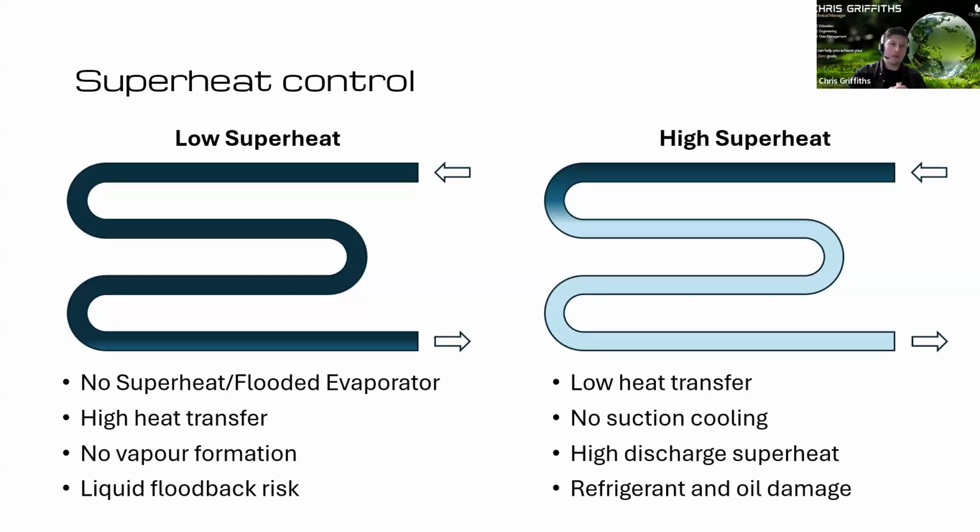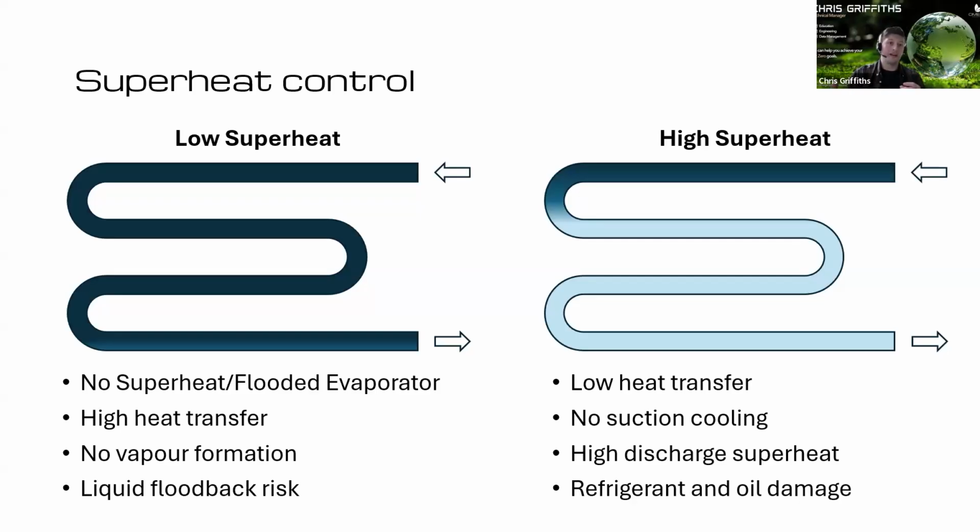So typically, rule of thumb, we probably want between 4 and 10K superheat on an electronic expansion valve. Different evaporators and different manufacturers out there will call for different values to be used in their systems to control it and maximize what they class as the usable heat transfer through their coils versus risking possibly liquid flooding back to your compressors.